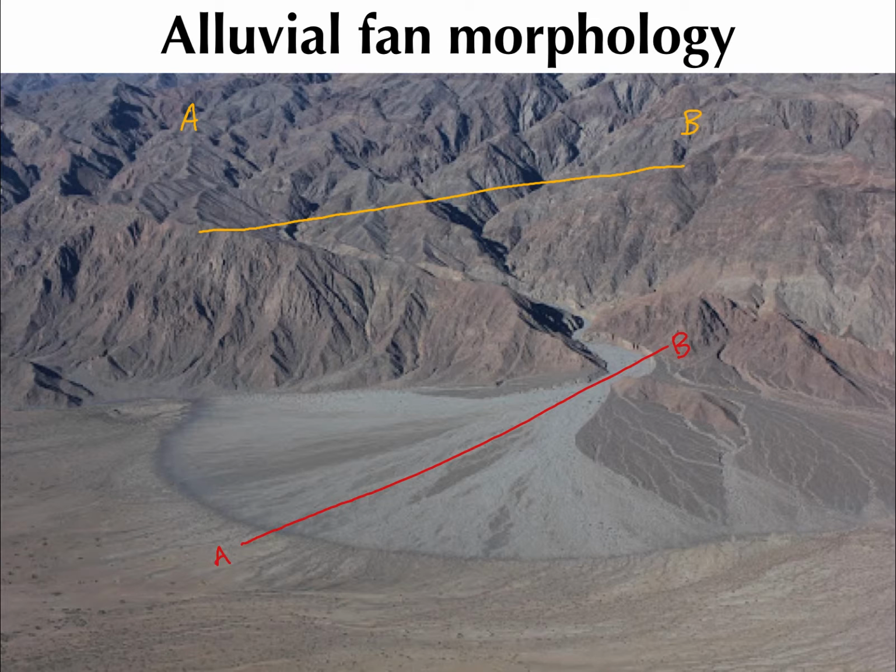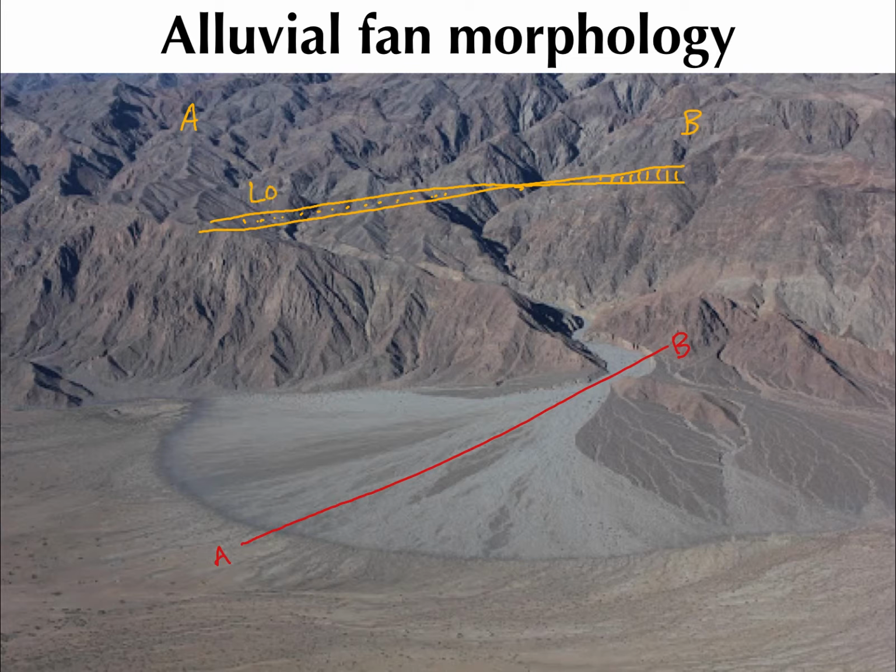The upper part of the fan surface has been incised. So in that feeder canyon, all of this material has been eroded away. And then the lower part of the fan is where deposition is taking place, and so sediment is being deposited in the lobe here.